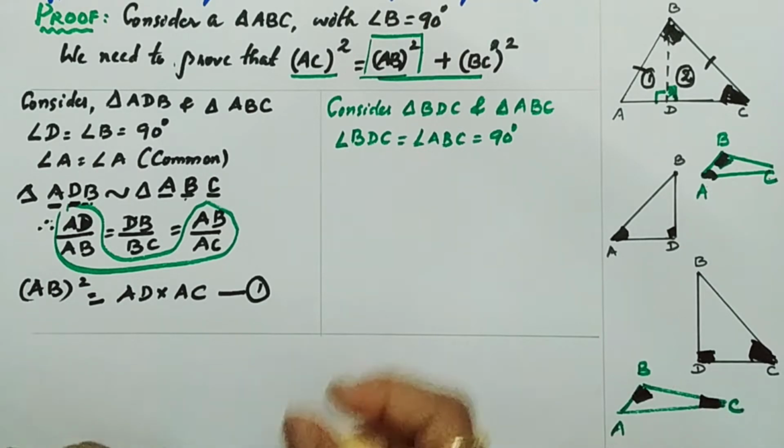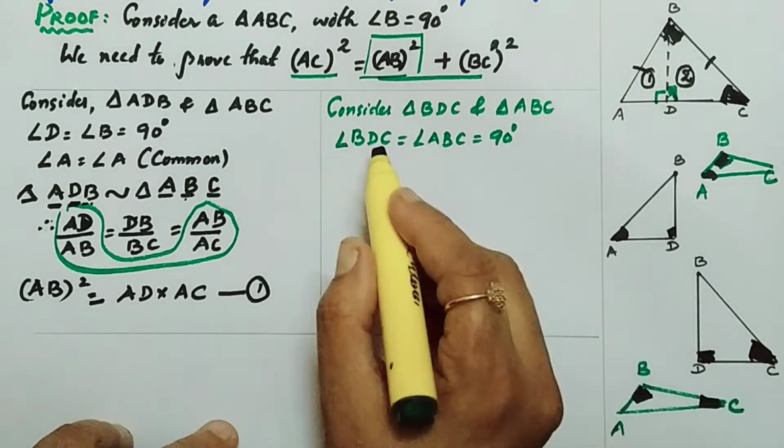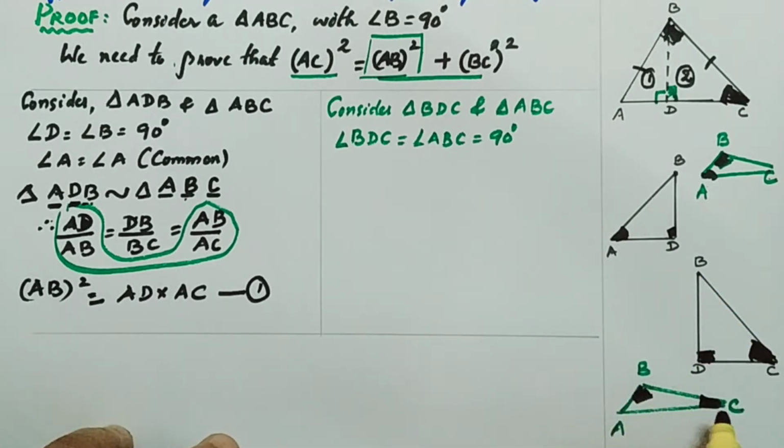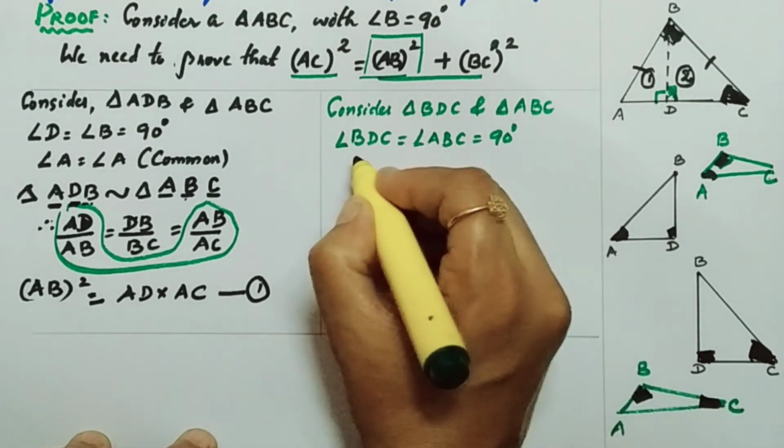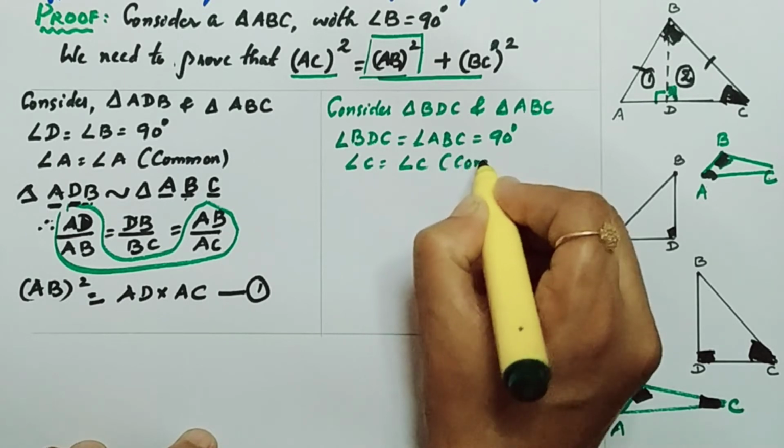Considering these two triangles, angle BDC equal to angle ABC, both are 90 degrees. Now, angle C equal to angle C, the common angle.